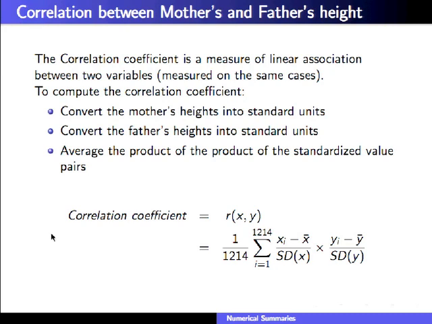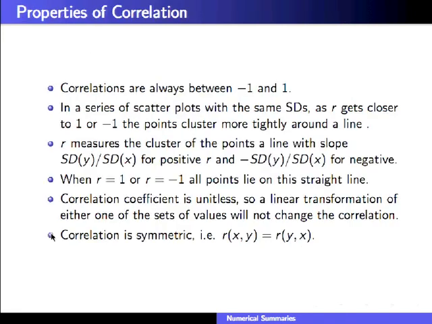Okay? On the flip side, if the taller women married men who were below average in height, not just shorter than them, but shorter than the average male height, and the other way around, that would give us a negative correlation coefficient. So properties are, correlation coefficient is always between -1 and +1.